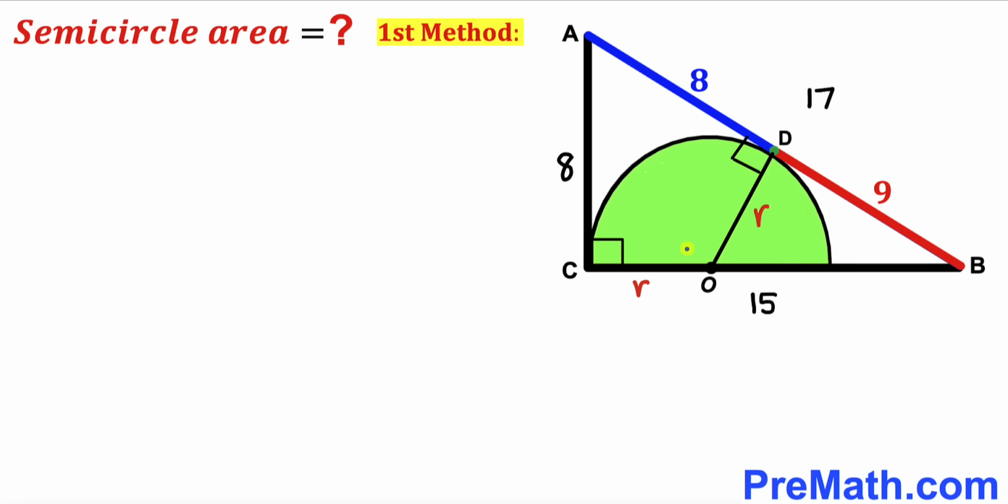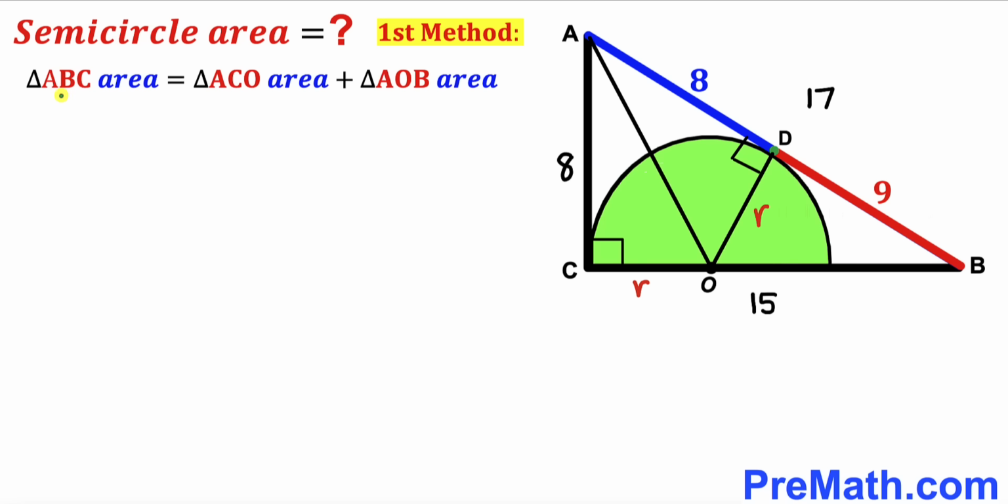And here's our next step. Now I'm going to connect this center O with this vertex A, as you can see in this next step. Now let's make an observation. We can see the area of this big right triangle ABC is going to be equal to the area of the triangle ACO, plus the triangle AOB area.